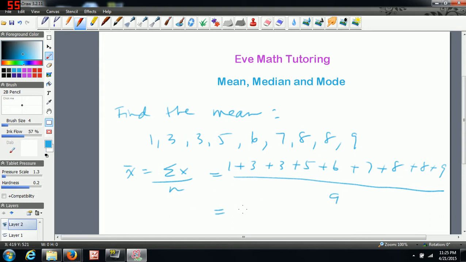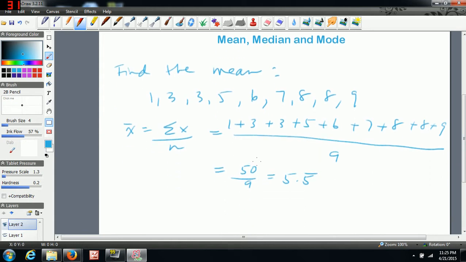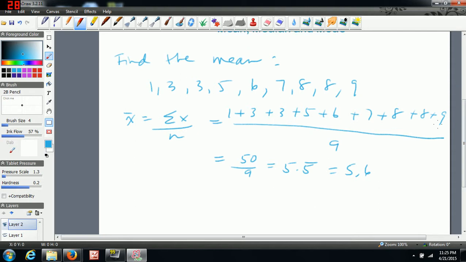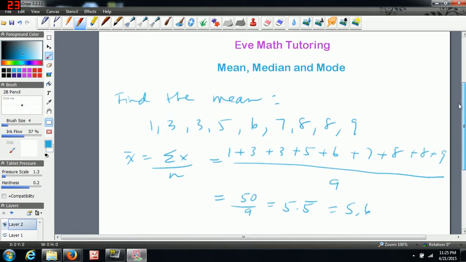The answer for that would be 50 over 9, which would give us 5.5 repeating, which we could write with a line on top. You could write it like that, or you could round it up to 5.6 if you wanted. So that would be the average there, or the mean. Basically, just add up all the values and divide by the total number of values that you have. That's the same formula all the time.